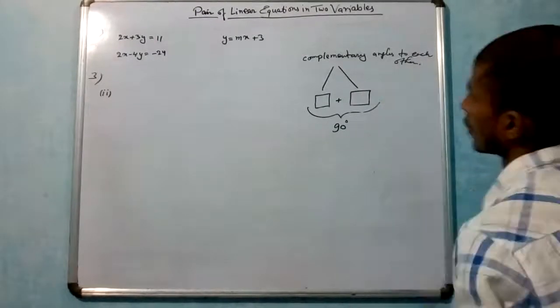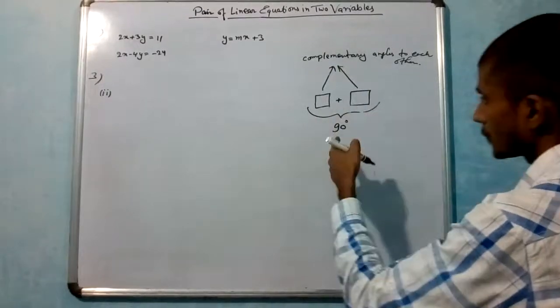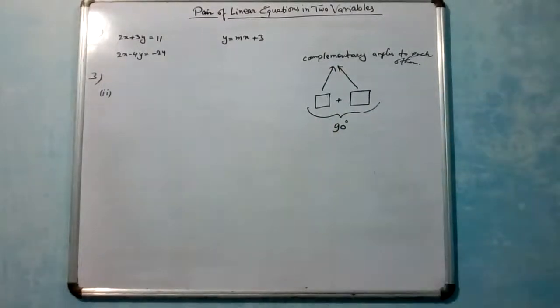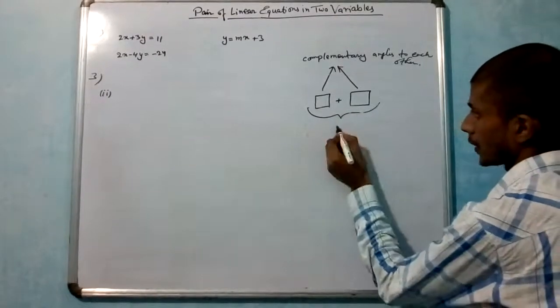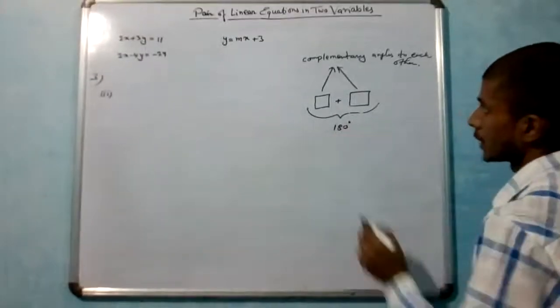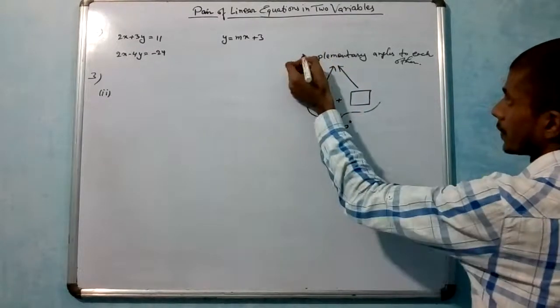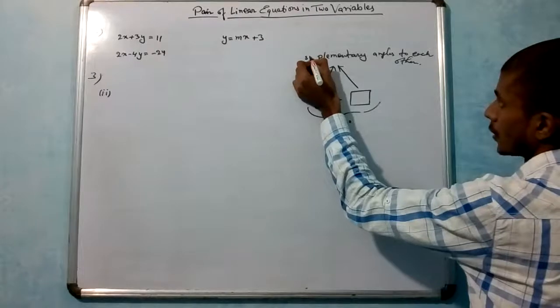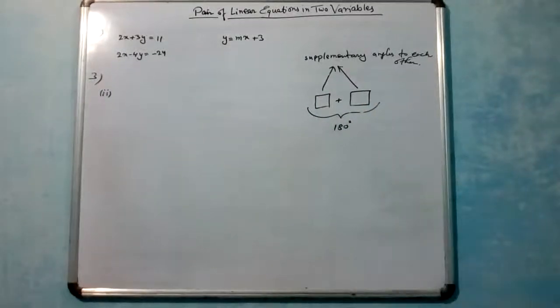These two will be called complementary angles to each other if their sum is 90 degree. And if any two angles their sum is 180 degree, then they will be called supplementary angles to each other.